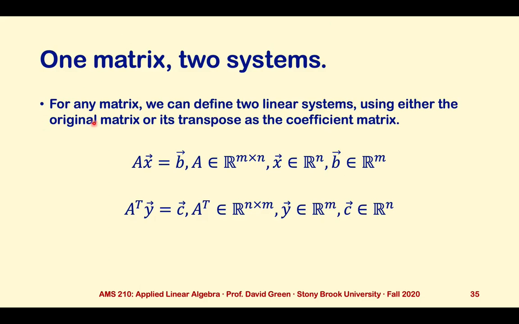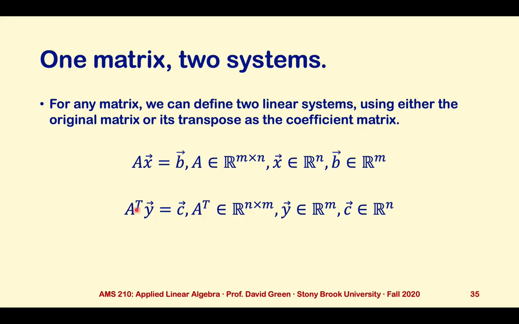Either one using the original matrix, which is the one that we've usually seen, or one using its transpose as the coefficient matrix. So we might write AX equals B, where A is m by n. This means that X has to be an n-dimensional vector, the same as the number of columns of A, and B has to be an m-dimensional vector, same as the rows of A.